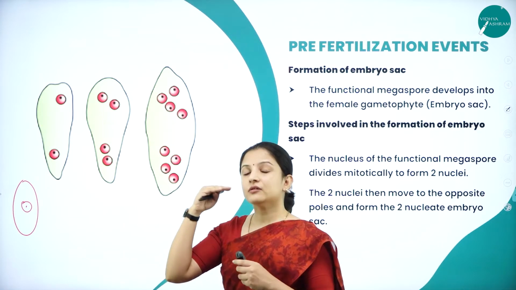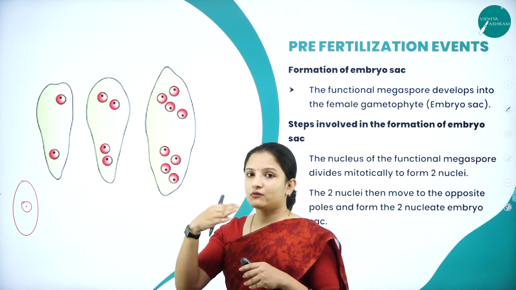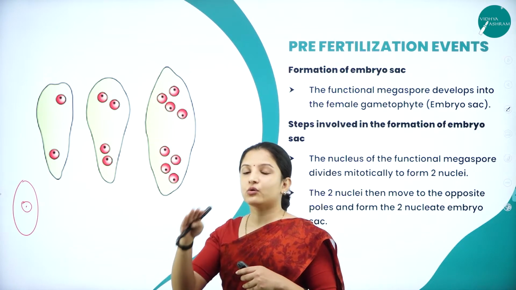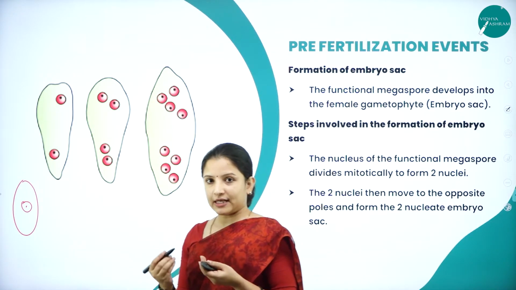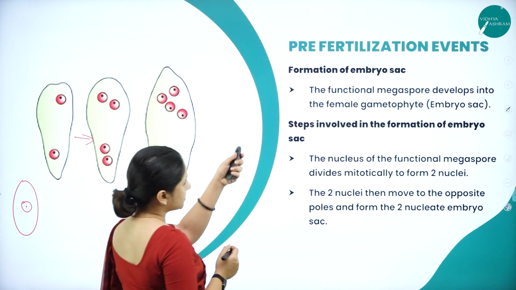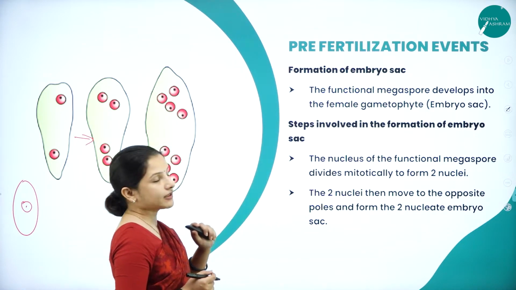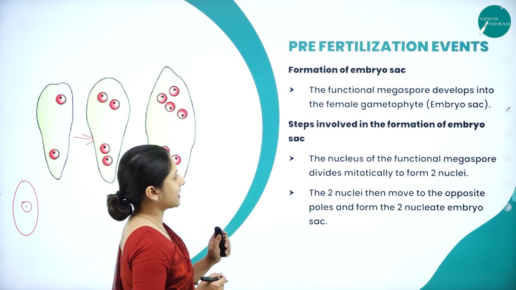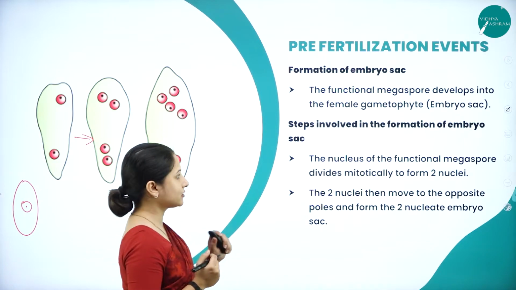Though there were 4 megaspores, the 3 got degenerated or were lost. It is of no use. Only the one that is remaining will develop into the embryo sac. So the functional megaspore will develop into the female gametophyte or the embryo sac. What are the steps involved in the development of the embryo sac? We are going to study.